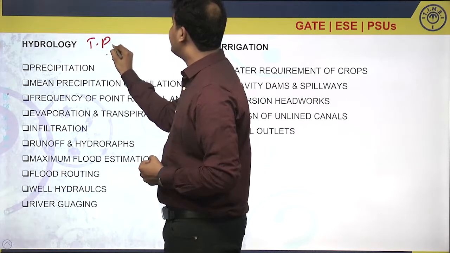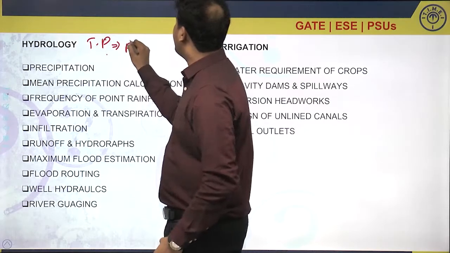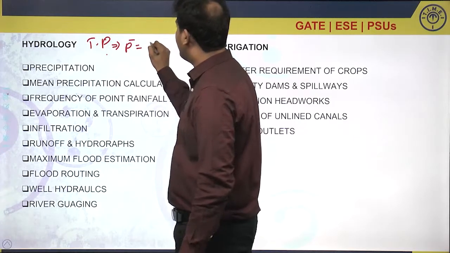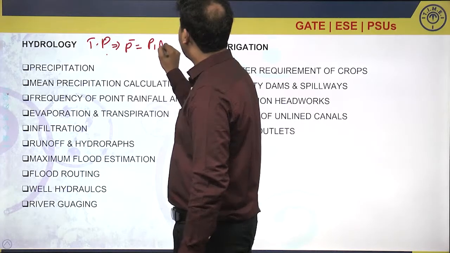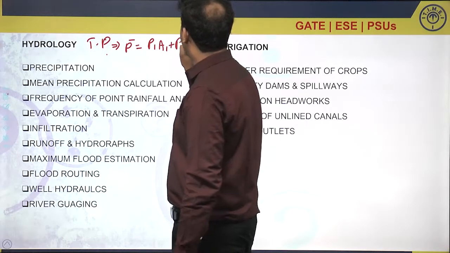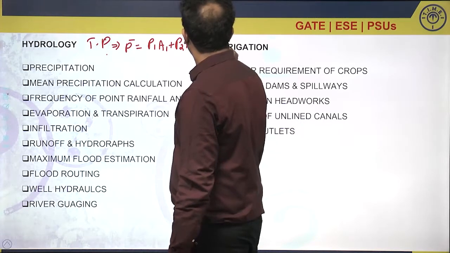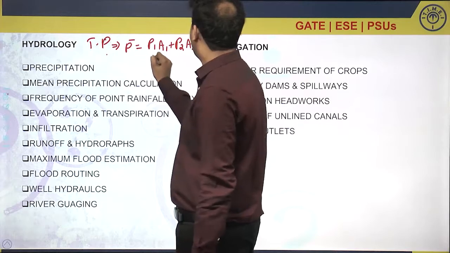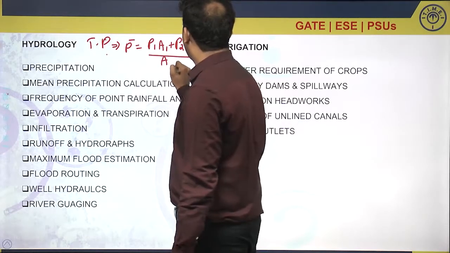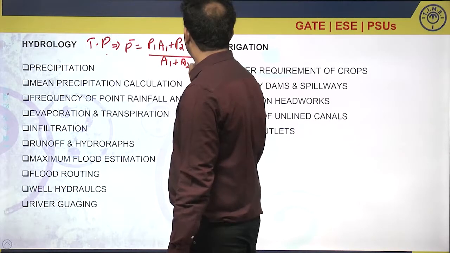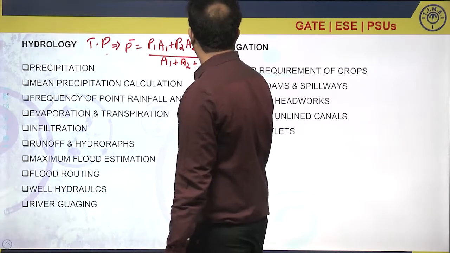That gives you the average rainfall value by using the formula P bar is equal to (P1 A1 + P2 A2 + so on Pn An) divided by (A1 + A2 + so on An).